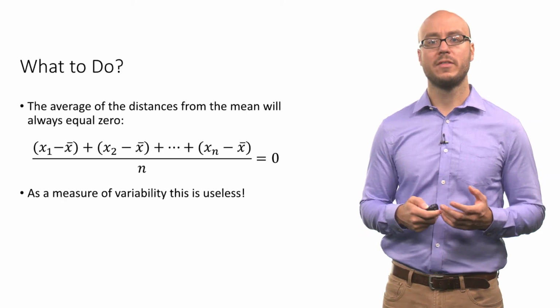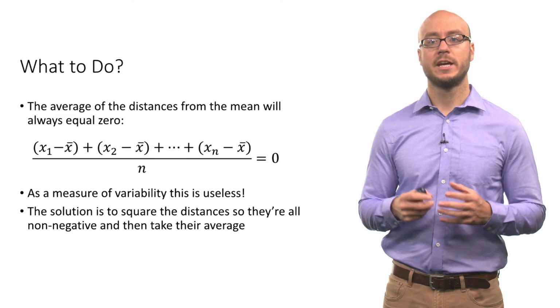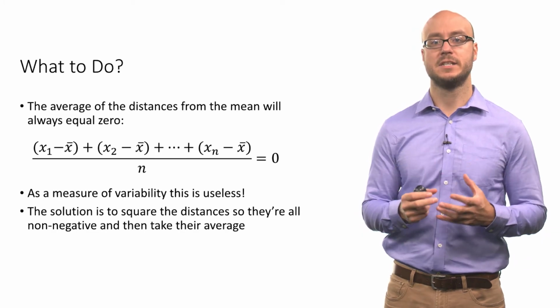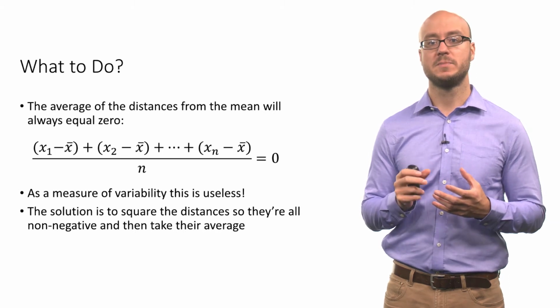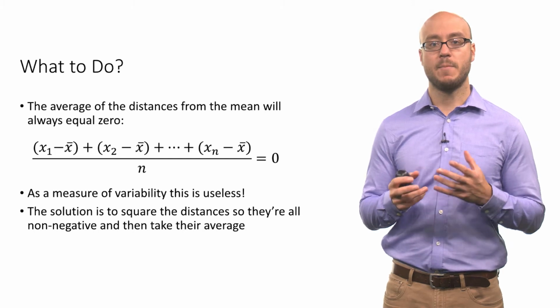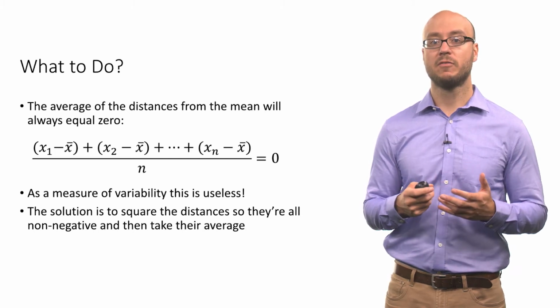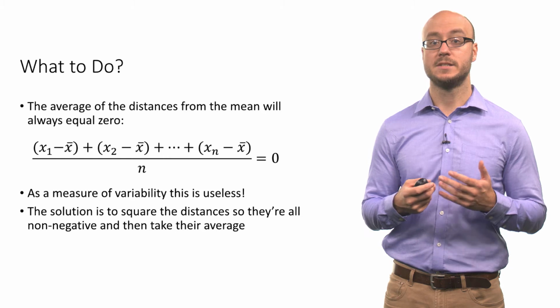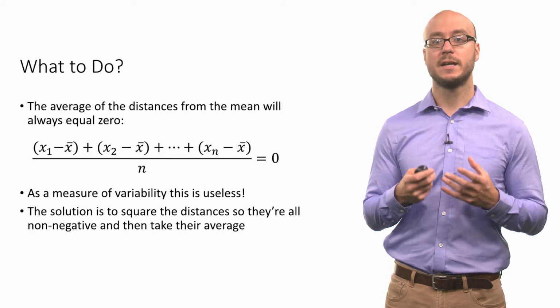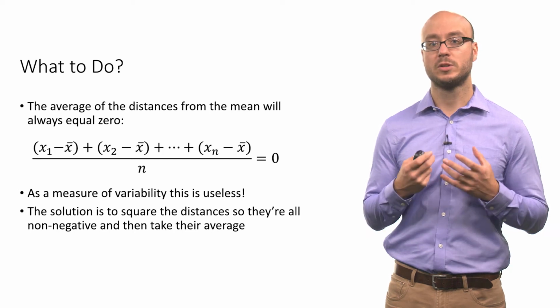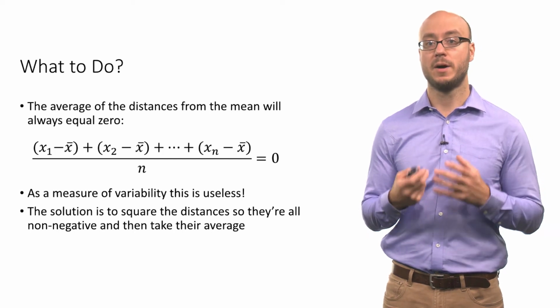So one way to think about it is that we can square these distances from the mean. If you square a distance, meaning you take it to the power of 2, then a negative number becomes positive. So -1 to the second power is -1 times -1, which is +1. So squaring a number will turn that negative value into a positive value.